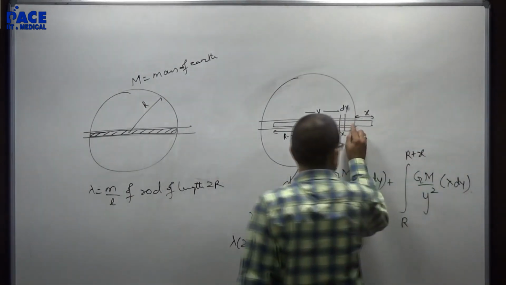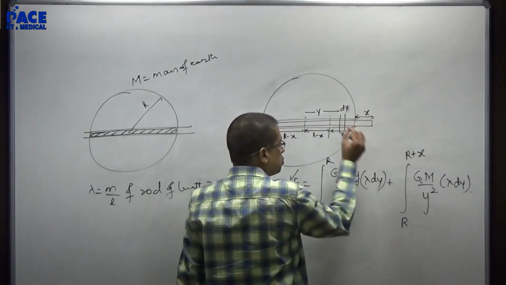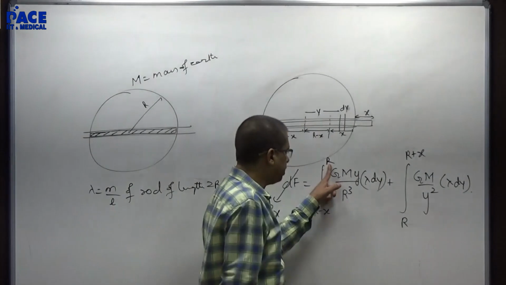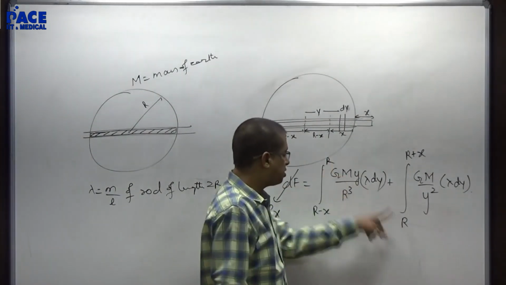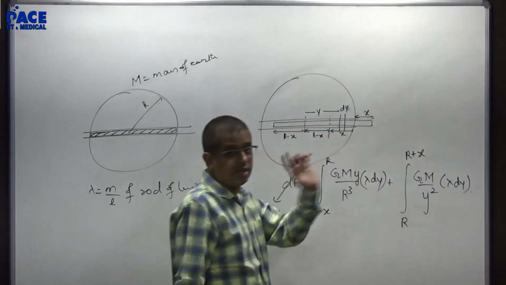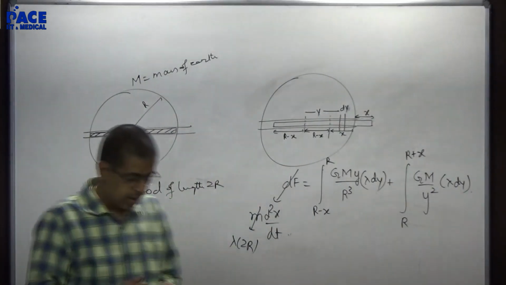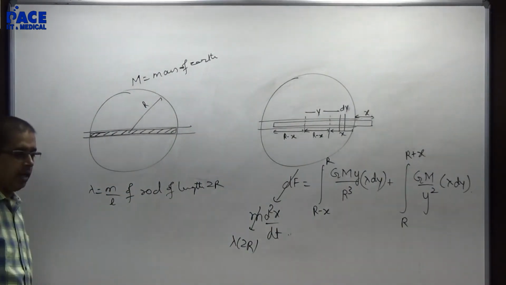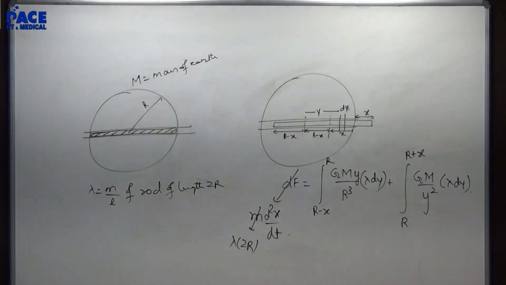This will end at r, this will start at r. Suppose you want to differentiate between that, then I will have to take some limiting values for r here: r minus delta x, r plus delta x, and so on. That will make no difference because the limit delta x tends to 0. The value of the mass at the boundary is not spreading, it is at one instant. So that won't be a problem.